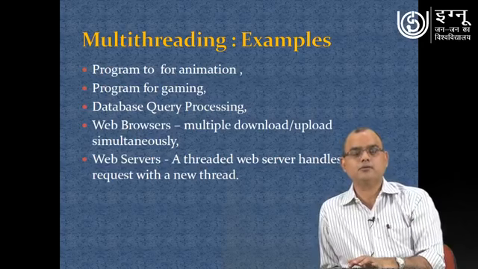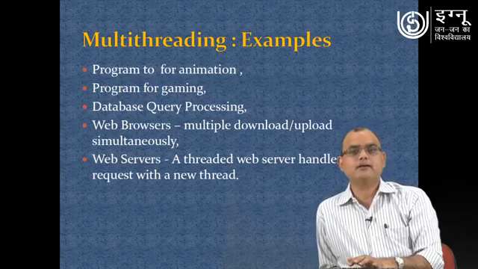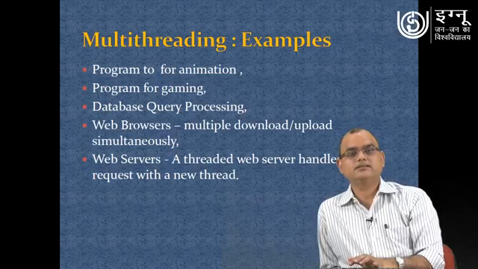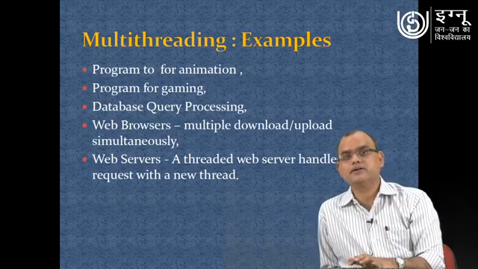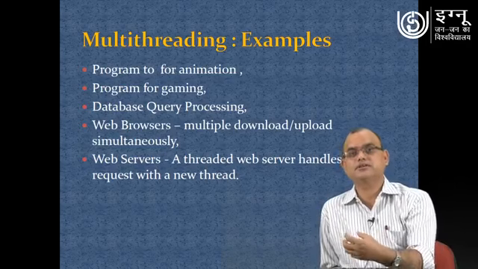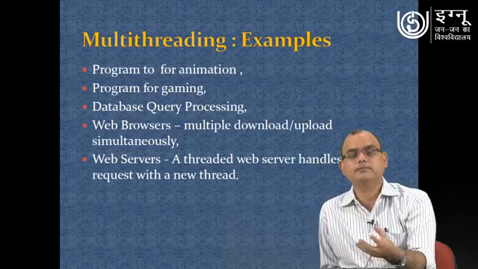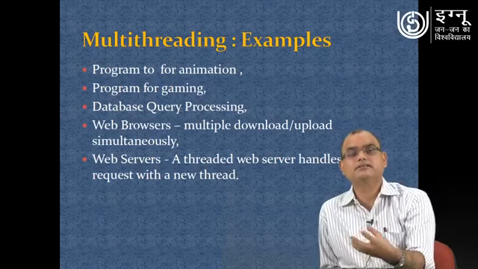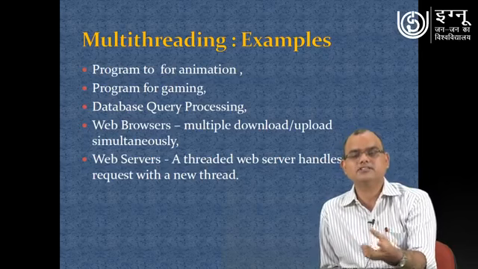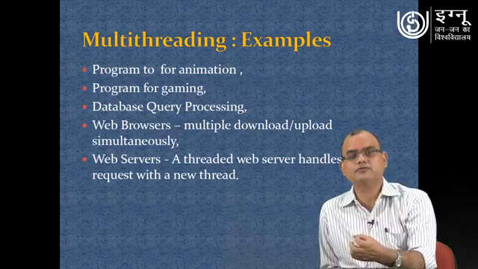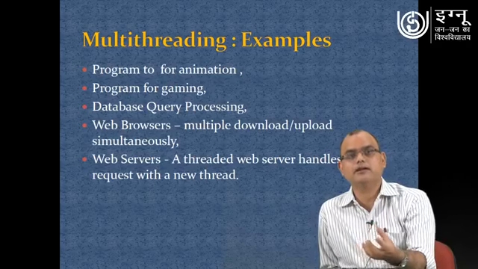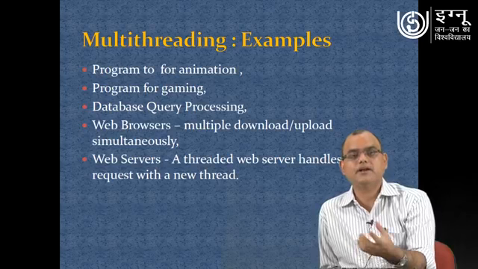Obviously, there are some more specific requirements in terms of utilization of common resources. Some resource may be critical and cannot be shared by different threads simultaneously. So the concept of synchronization or blocking of those resources also comes in multi-threading, as you might have learned in your operating system course.